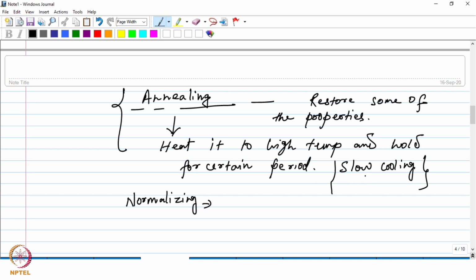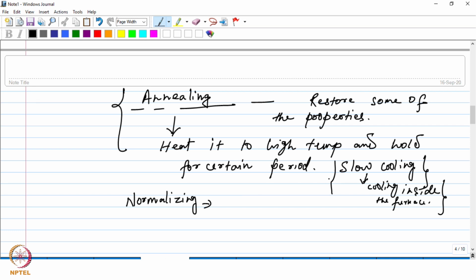So in order to ensure slow cooling for the annealing process, what is done is after the hold period, you start cooling in the furnace itself. This will ensure that it cools down slowly.